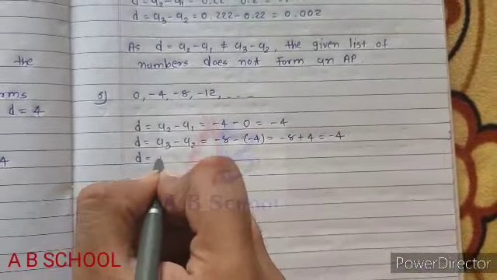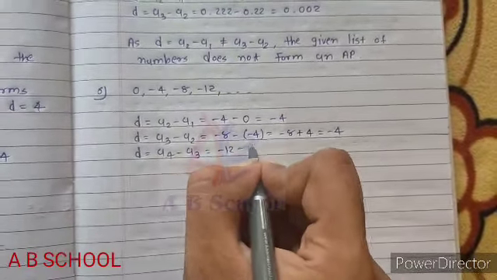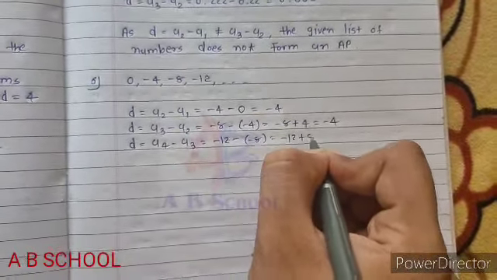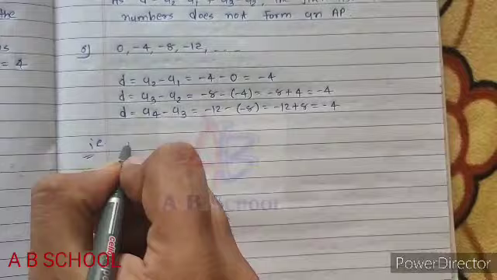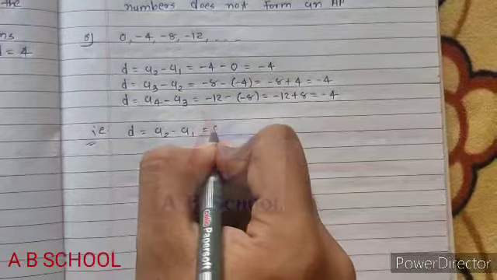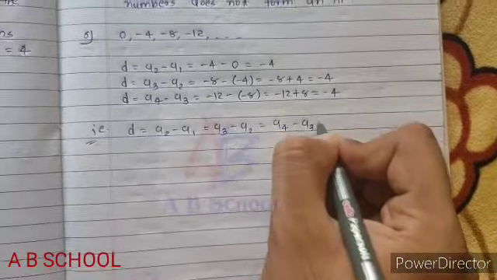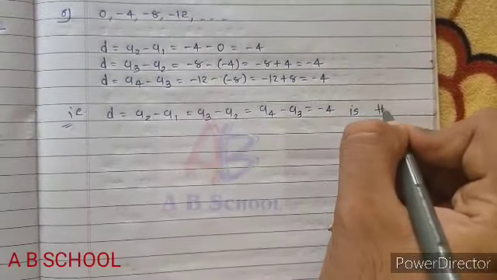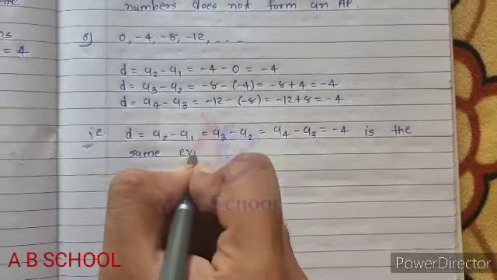For the common difference D is equal to A4 minus A3. Value of A4 is equal to minus 12 minus value of A3 is equal to minus 8. Minus 12 plus 8 is equal to minus 4. That is, common difference D is equal to A2 minus A1 is equal to A3 minus A2 is equal to A4 minus A3 is equal to minus 4, the same every time.